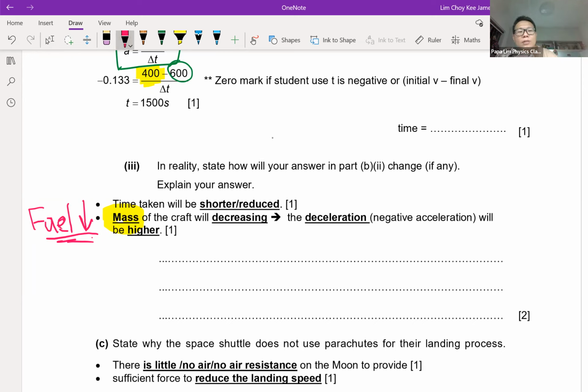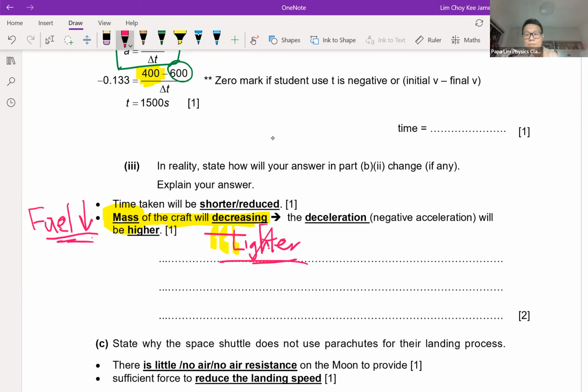And because the fuel is reducing, the mass of the craft is reducing. And because the mass is reducing, I'm getting lighter. Because of that, my deceleration, my retardation, will become bigger.